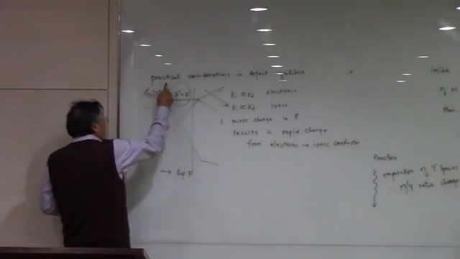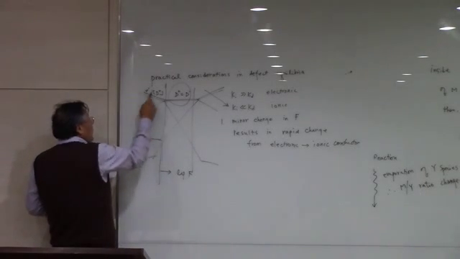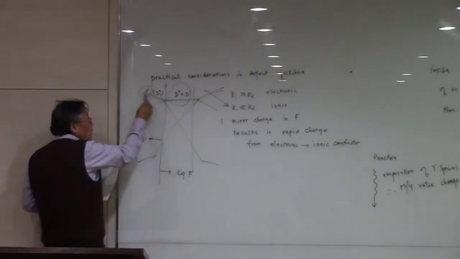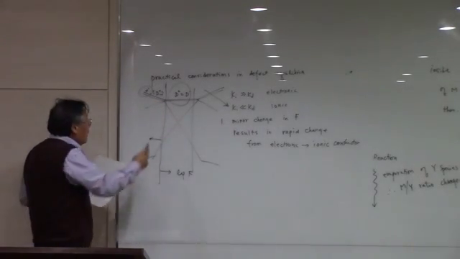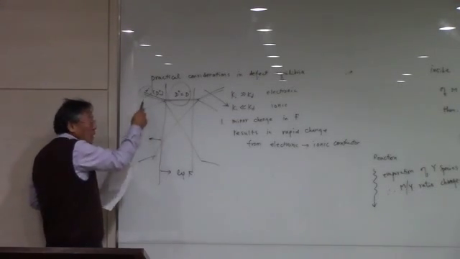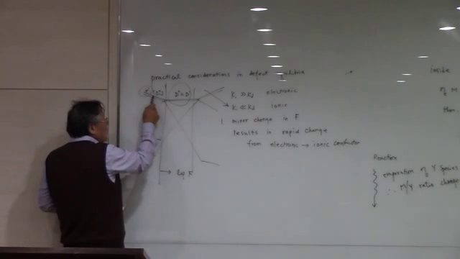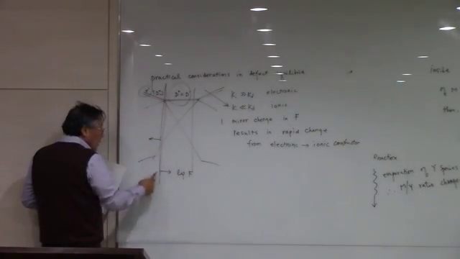So, before this value of F, we are electronic conductors. Even though the concentration of electrons and ions is almost the same, the mobility of the electrons is much, much higher than the ionic species, so that we can say this is the electronic conductors.